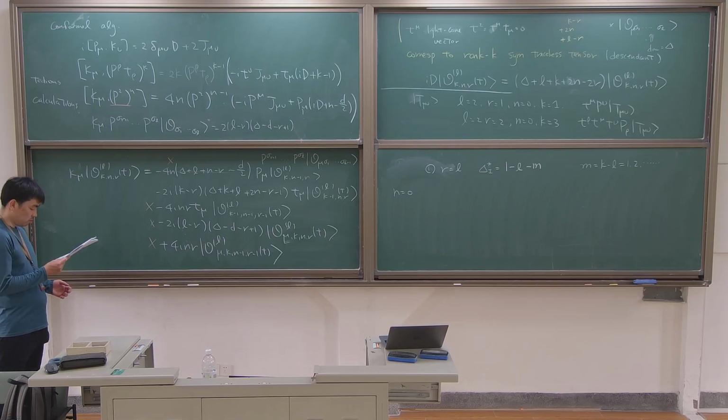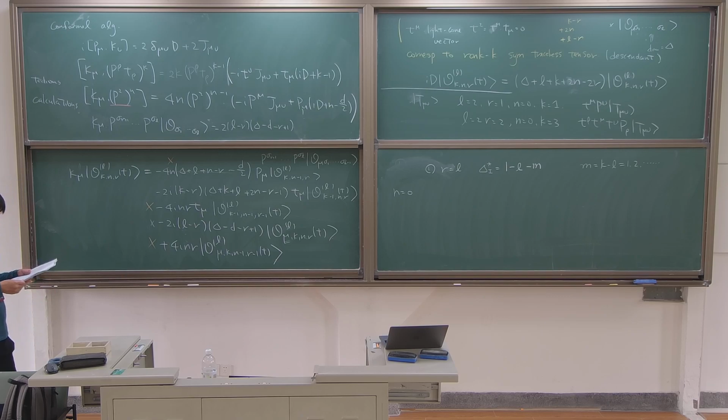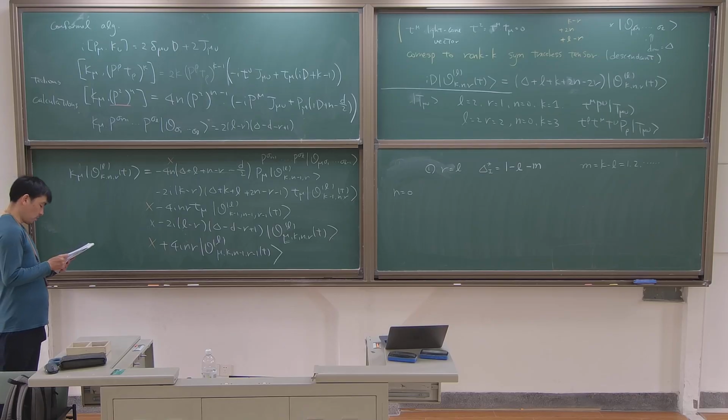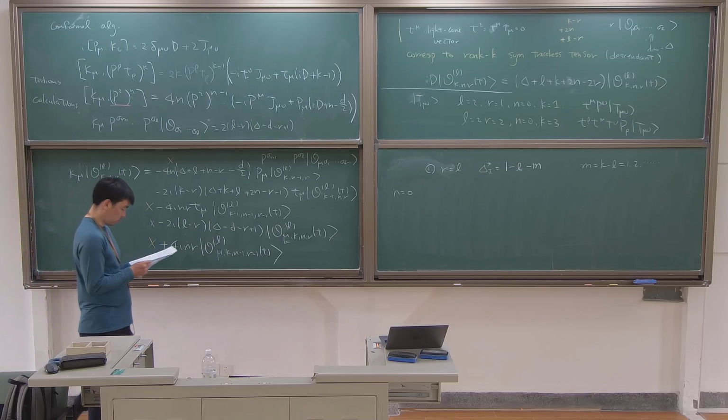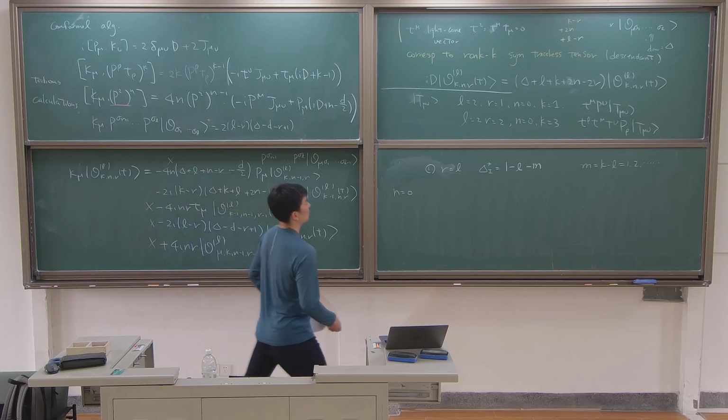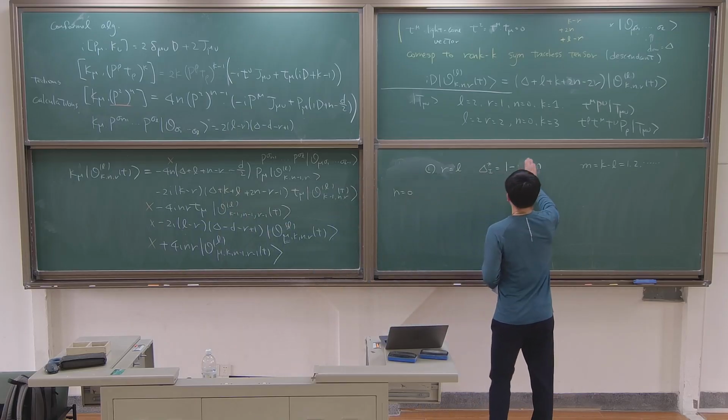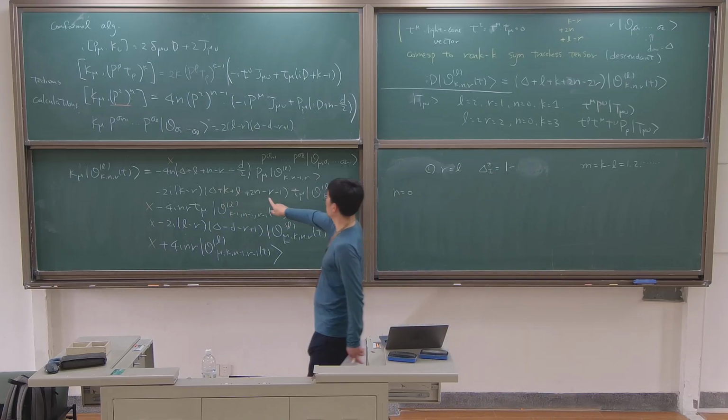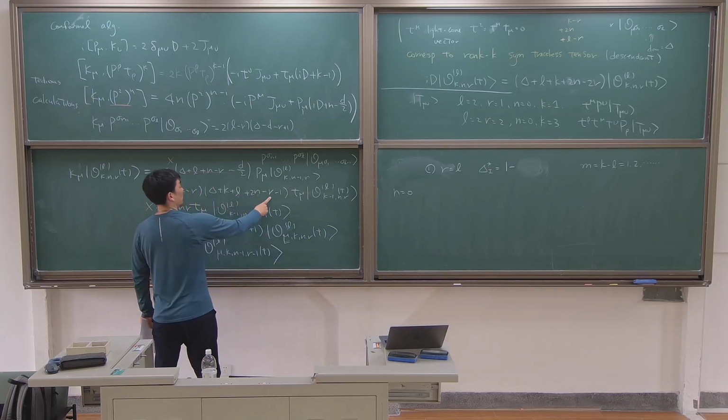So I think what I should say is, so this one should be k. So now n equal to 0 and L minus R is equal to 0.